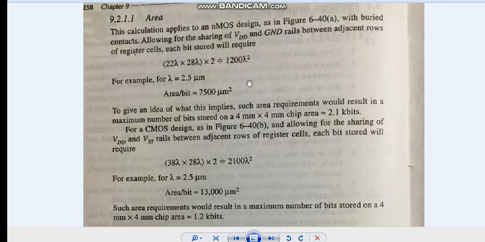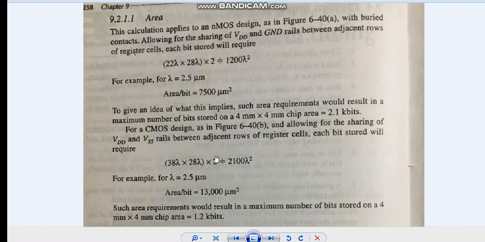Similarly for CMOS also, this 28 value remains the same, that is the length remains the same, the width is 38 here. You understand how we got the 28, so it is the same here also, only the width is increased to 38 lambda. So multiplied by 2 once again. Why? Because two pairs of NMOS and inverter we have used.